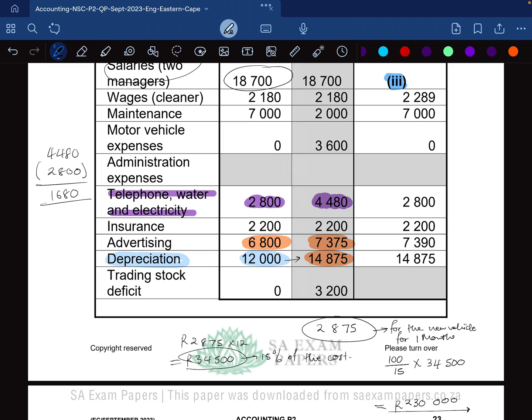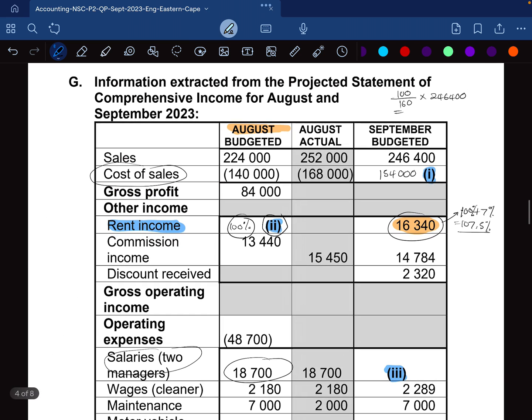But when you're advertising, what is the purpose of advertising? You want to make more sales. You want your business to reach more people. Then that is why advertising costs are always linked to sales income. We want to see if our sales actually increased or decreased when we apply advertising costs.